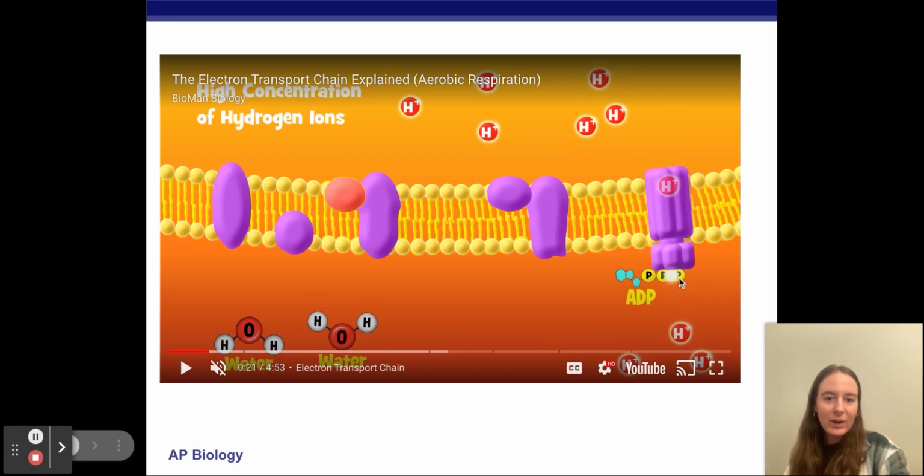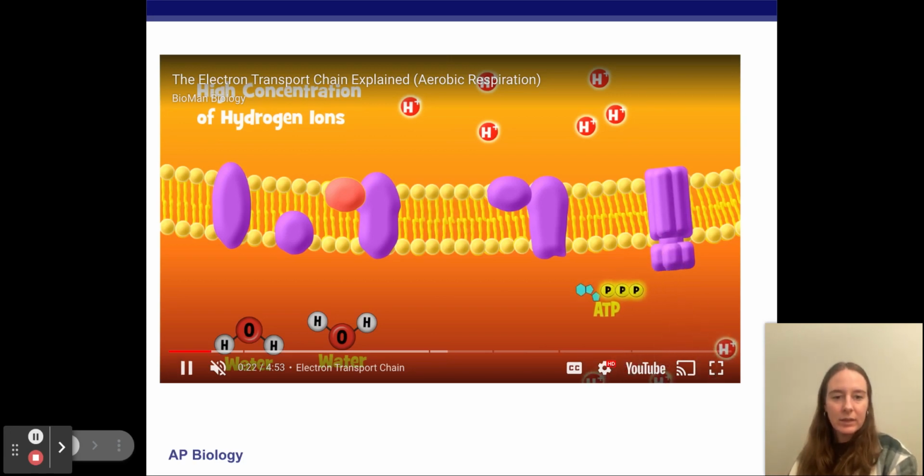And now we call this oxidative phosphorylation. We are now phosphorylating, or adding, a third phosphate group. Remember, that takes energy to build ATP. We're now building ATP using an ADP molecule and an inorganic phosphate. And this ATP synthase is providing the energy to do that. So if you notice here, now you've created ATP. And this happens again and again and again.